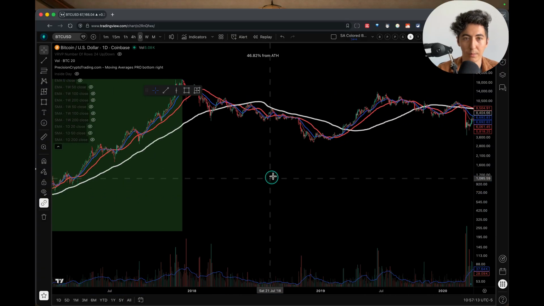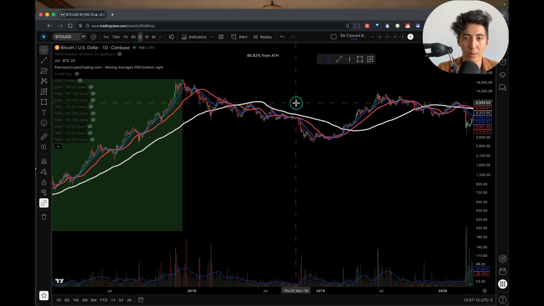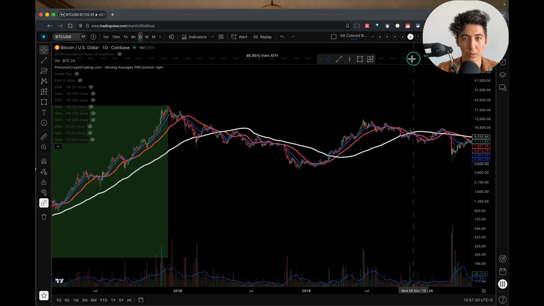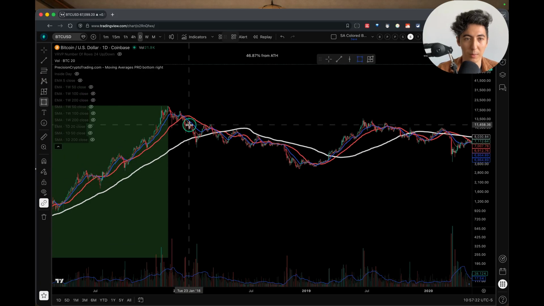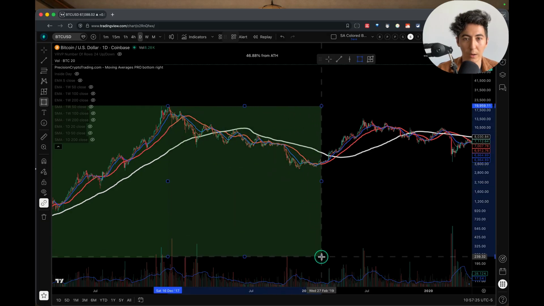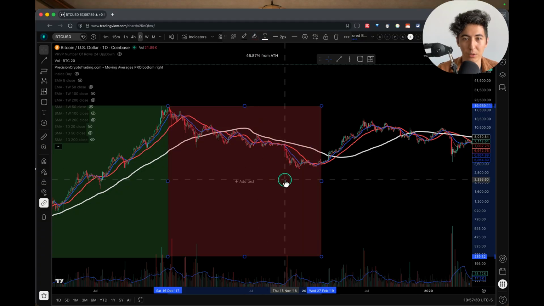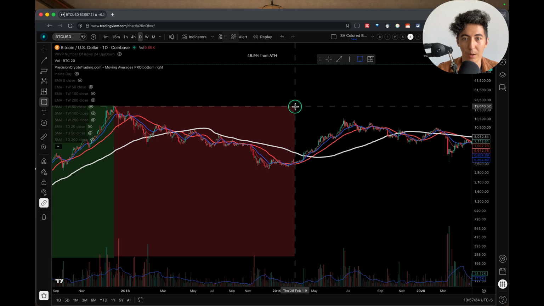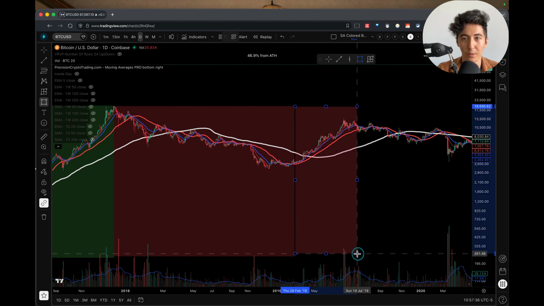And then we scroll over. This is where a little bit more of the nuance comes in. If you don't know what you're doing, maybe you say, okay, this is stage 4 because it's going down. Stage 2, stage 4. And then you say, okay, well, it's going up, so now I'm going to do a stage 2.